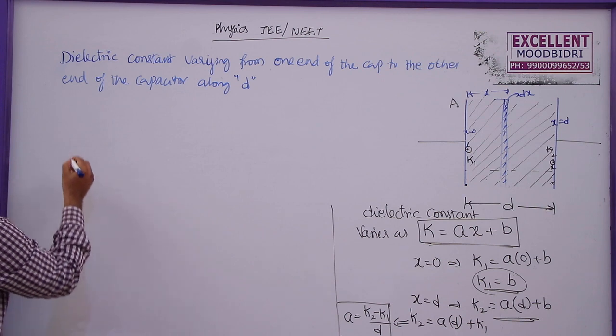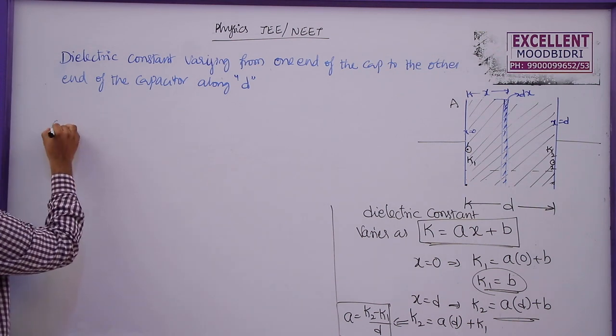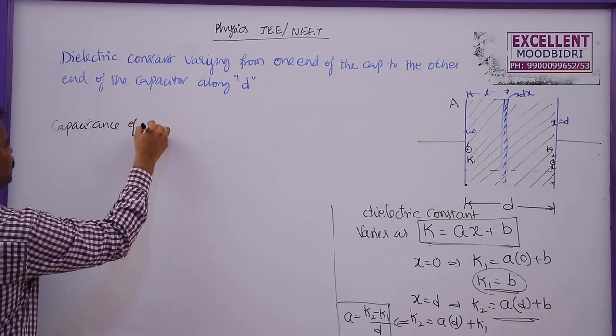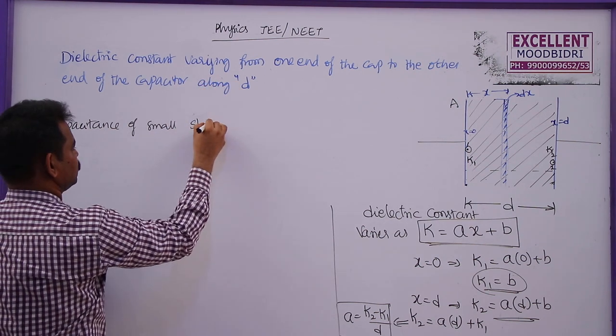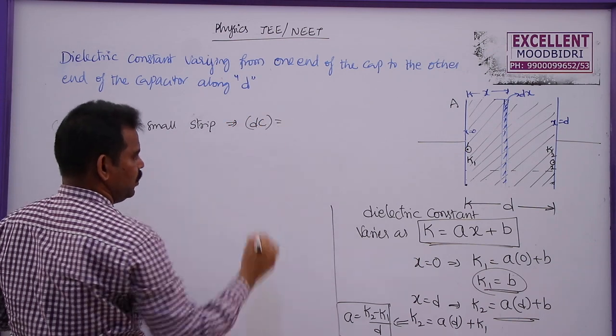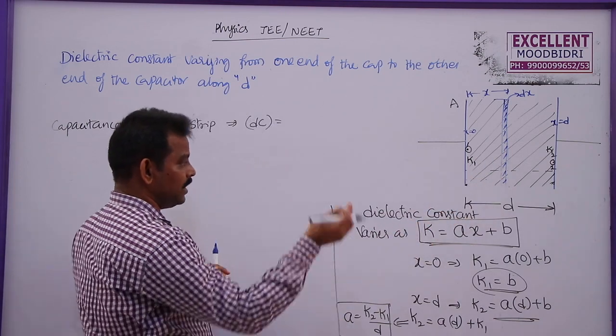So in this case, what is the capacitance of the small strip? The capacitance of the small strip considered there, I am going to take as dC, which is equal to, as it is having a dielectric medium, so what is the dielectric constant there?